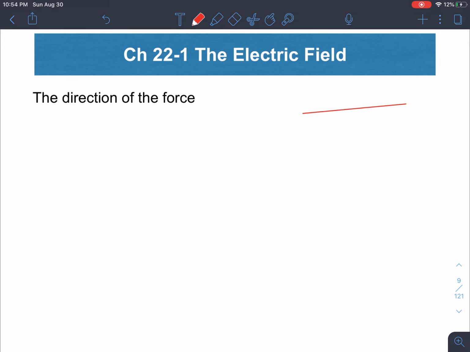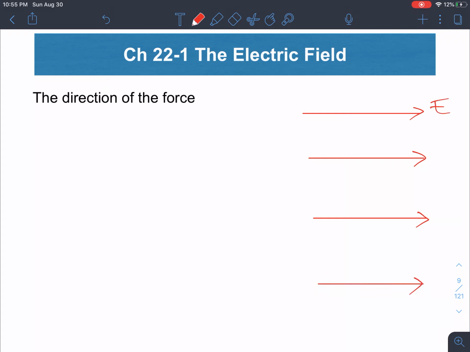I'll try to draw it here. These are the electric field lines, and we don't know what the source is. There's apparently some charge distribution creating this electric field. We don't really care about that yet.